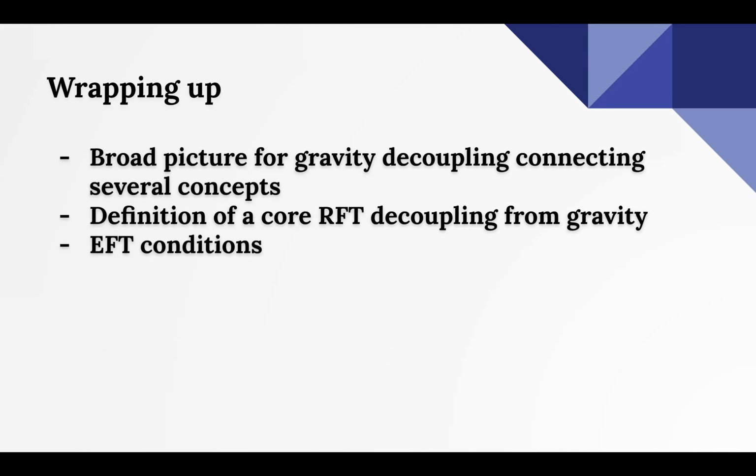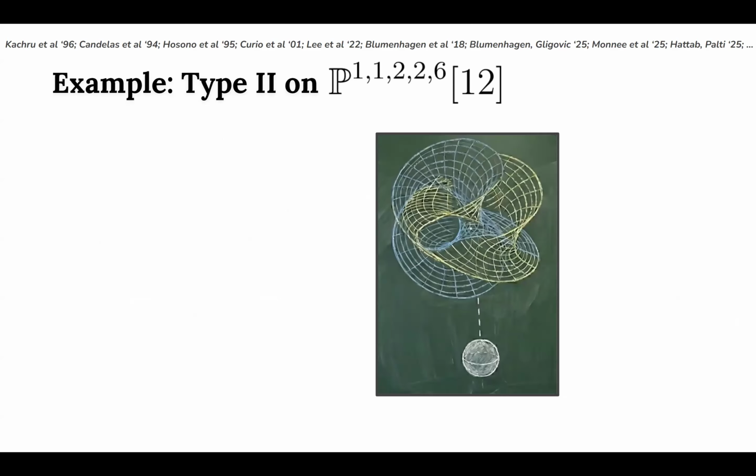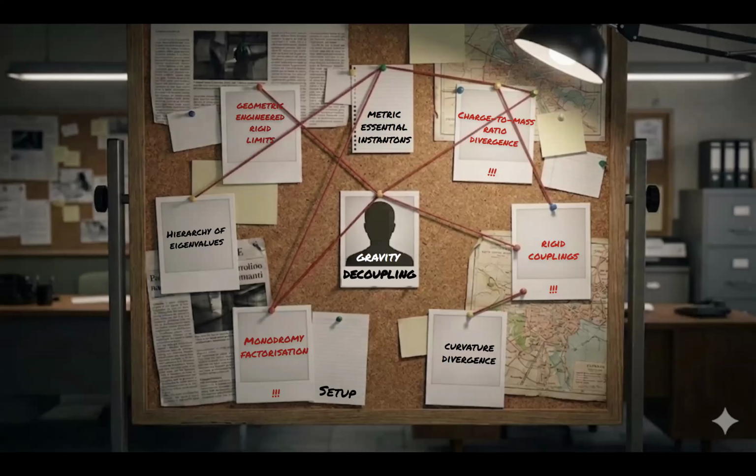Well, there are implications that are clear. The rigid couplings, so the two conditions that I mentioned at the end, imply curvature divergence when they are satisfied, and imply charge to mass ratio divergence.